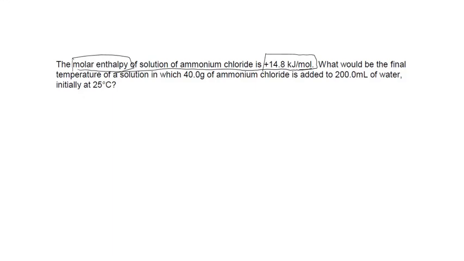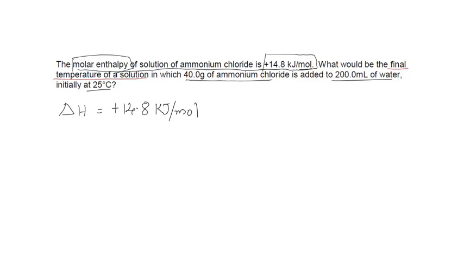So what we need to determine in this problem is the final temperature of the solution in which 40 gram of ammonium chloride is added to 200 ml of water, and initially the temperature is 25 degrees Celsius. So let us find out the information that has already been given. We have been given delta H, that is plus 14.8 kilojoule per mole.